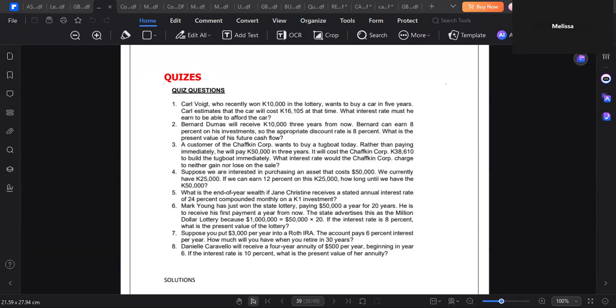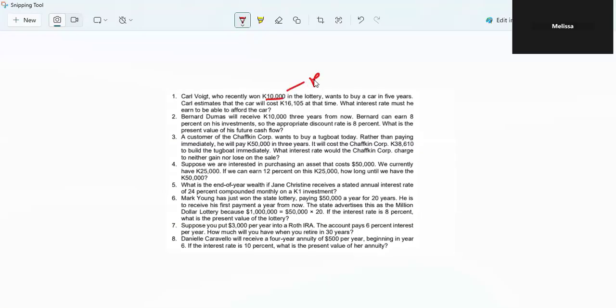We have the time period of 5 years, and we also have the future value of 16,105. So present value is 10,000. Future value is what? 16,000. And time is given as what? 5.